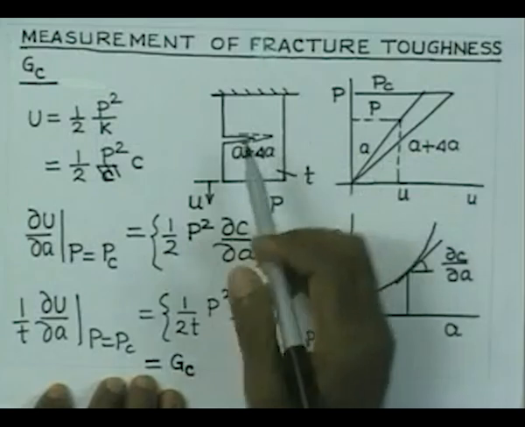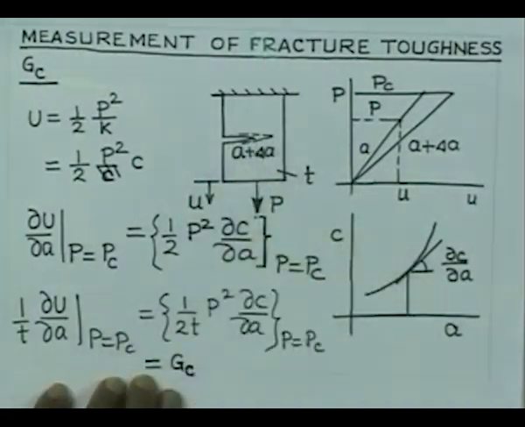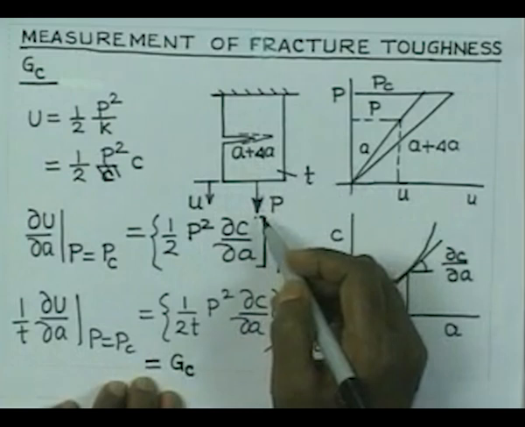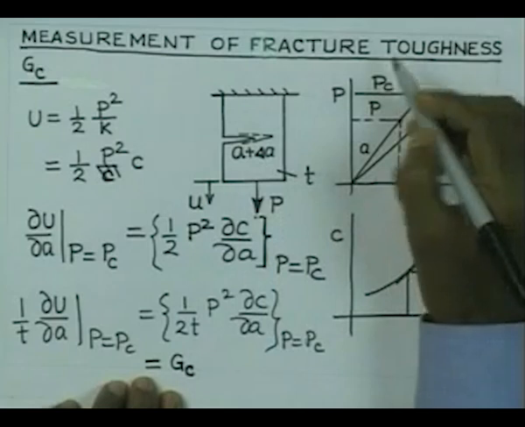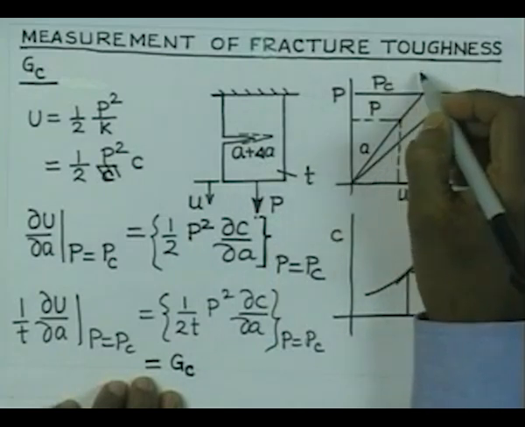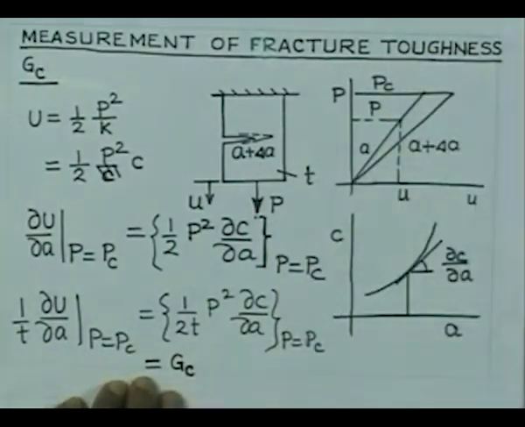We can take a specimen of a particular geometry, and then we introduce a crack of certain dimension, and we do the testing by applying some load and try to find out what is the load at which the crack is going to extend, and making use of this formula we can find out what is the critical strain energy release rate.